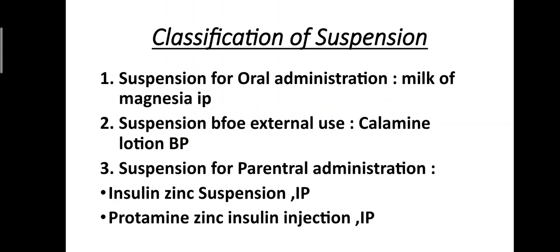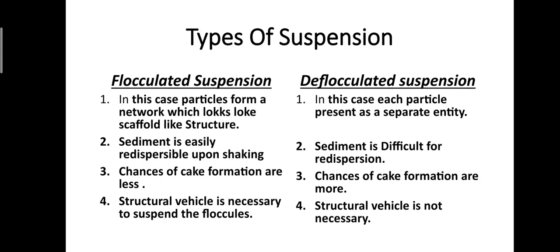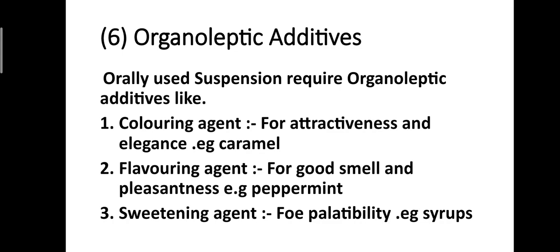In this video we learned the classification of suspension. There are three classes: oral administration, parenteral, and external. Types of suspension: there are two types, and the difference between flocculated and deflocculated suspension.